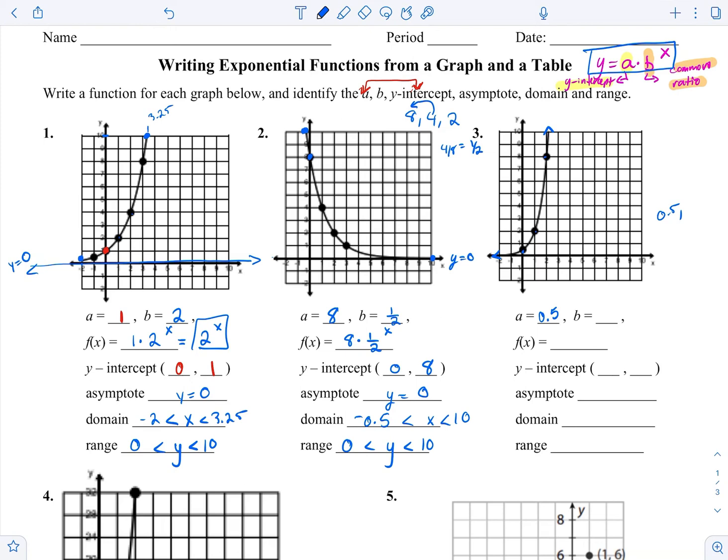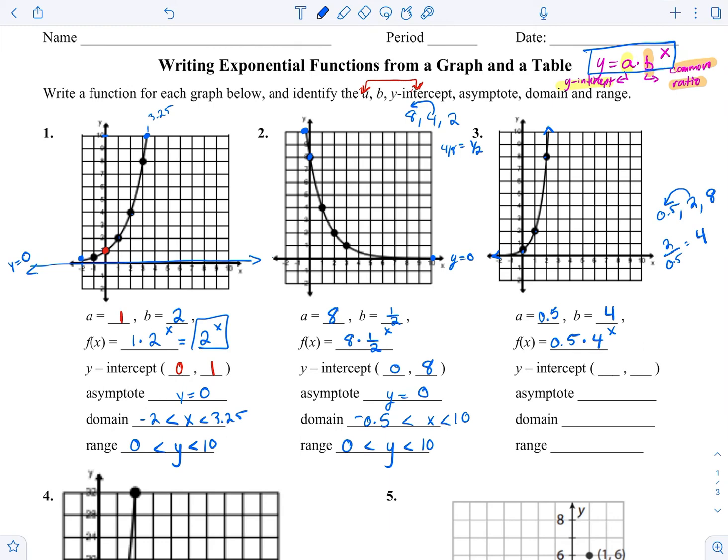So 0.5 to 2. If we divide 2 divided by 0.5, we come out with 4. So our common ratio, or B, is 4. And when we write our equation, it becomes 0.5 times 4 to the x.